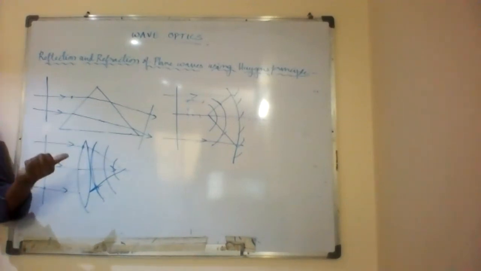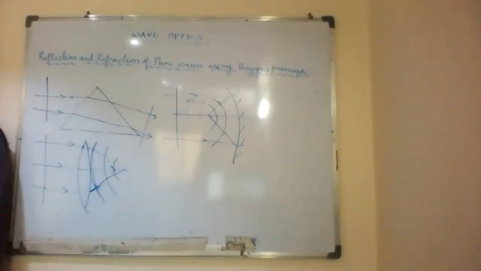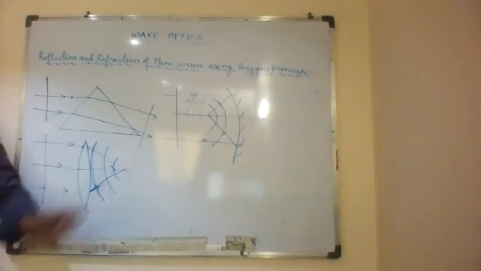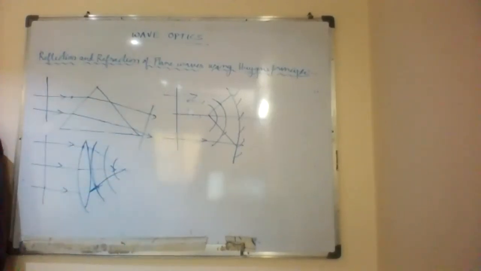So we have taken one lens, one prism, and one mirror. They can also go with the convex mirror and concave lens also.